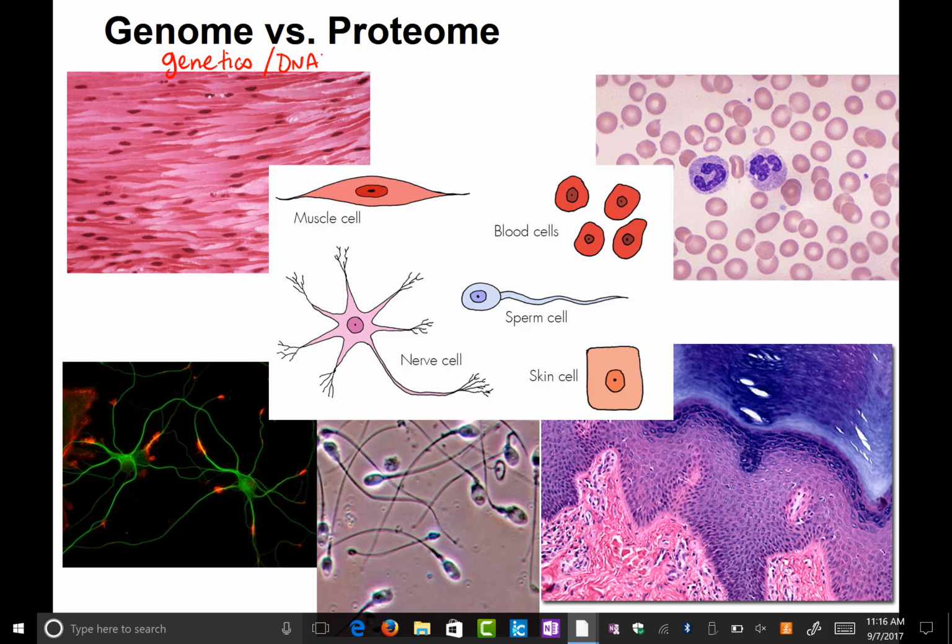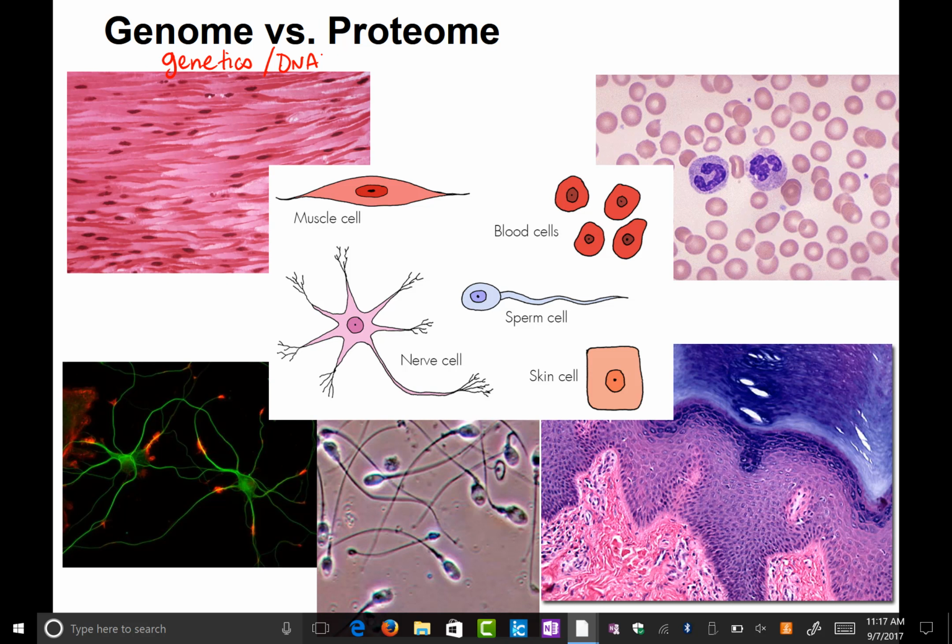And when you start out as a little egg and a sperm and become this diploid cell that divides and divides and divides into you, the DNA in all your cells is the same. Now, we're not talking about mutations happening, okay? But I want you to understand that your muscle cell, your nerve cell, your blood cell, your skin cell, they all contain the information for eye color and hair color and curly hair or straight hair.